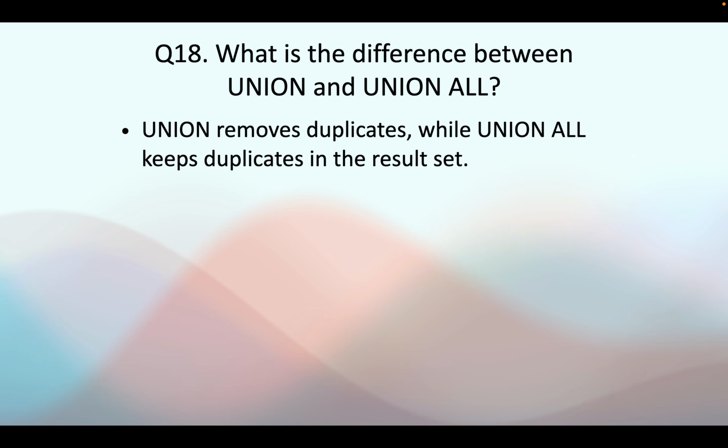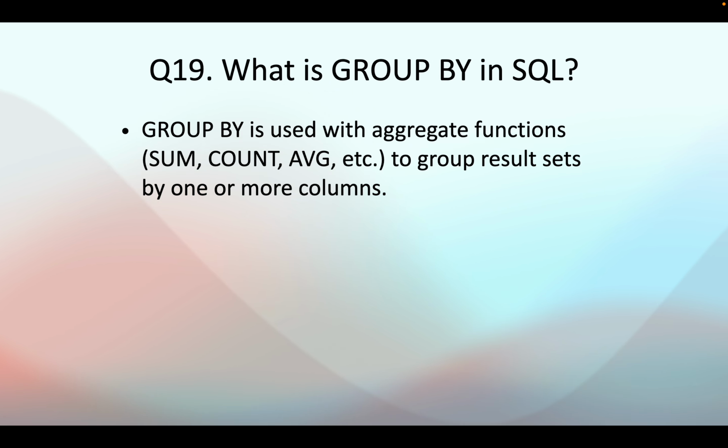And union all actually keeps the duplicates. So if let's say I have employee details in one data set, and the same employee data is there in the second data set, union removes that duplicate, but union all will keep it twice.